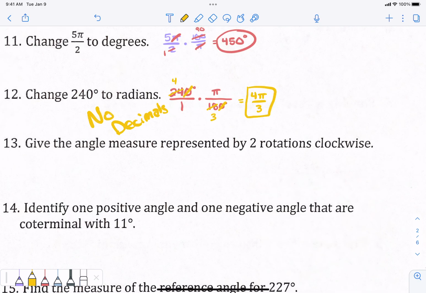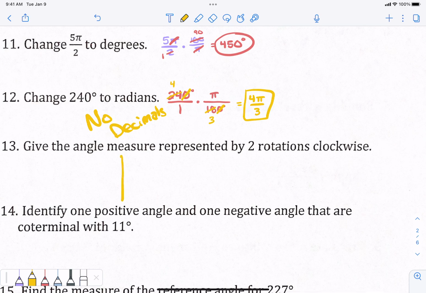Okay, next. Give the angle measure represented by 2 rotations clockwise. Negative 720. Yeah, so we always start here, and if we're going 2 rotations, 1 rotation is 360 degrees.